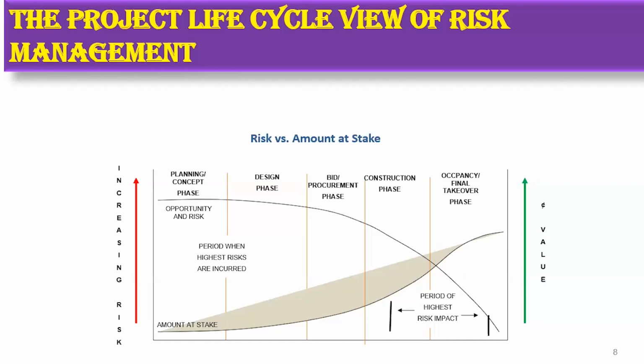So we talk of risk significance. How significant is the risk? It's a product of the likelihood of that risk crystallizing and what impact it will have on the project. At this stage, where so much money has been committed and a lot of work has been done through construction to the final phase, if the project fails, the impact on all stakeholders is highest.